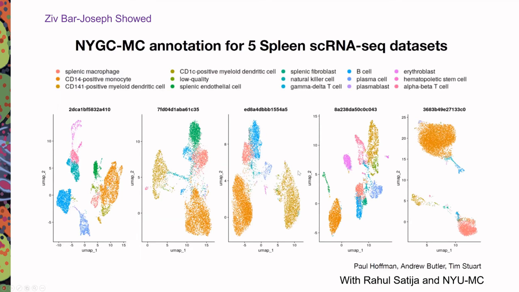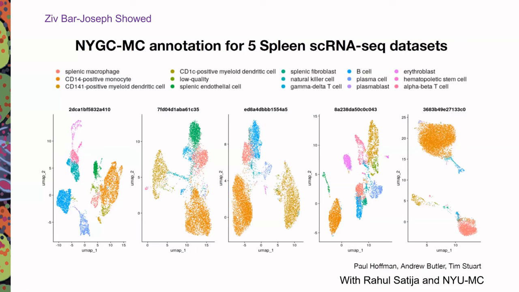You also saw that Ziv showed the sample data that Rahul Sahid and his team created at the other mapping component, which is very core and central to this effort, even though they're not presenting here today.